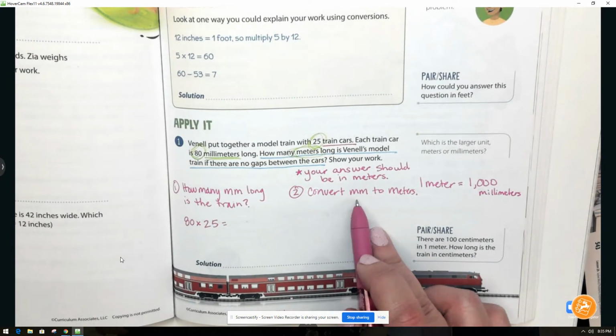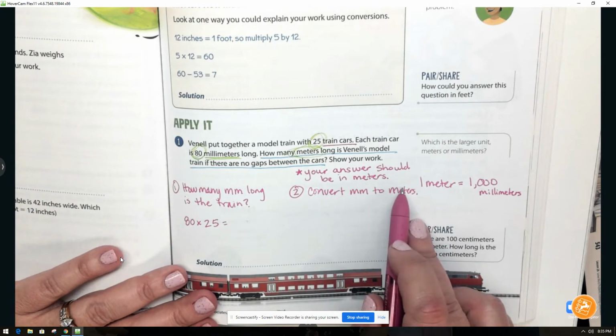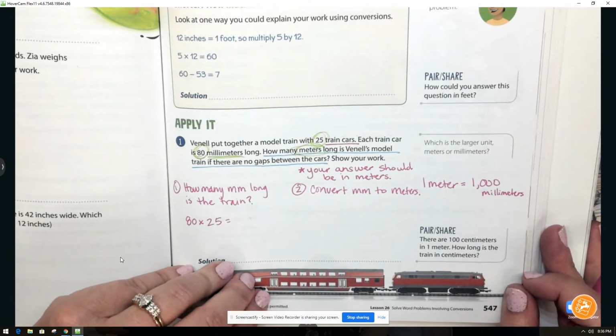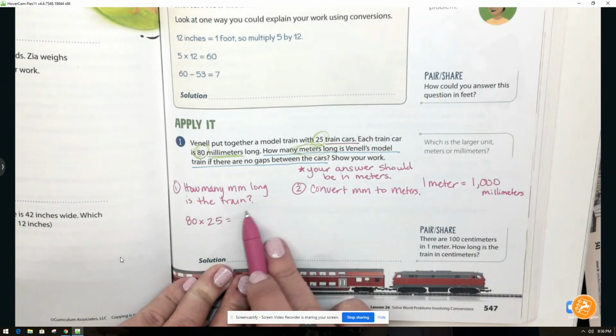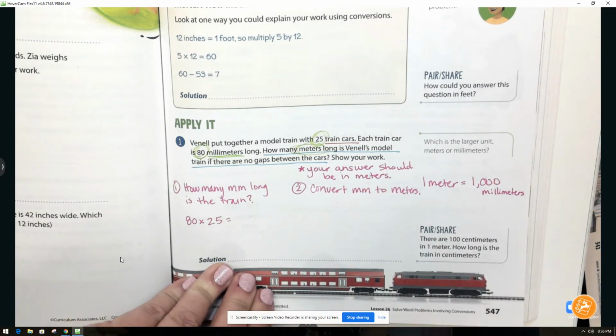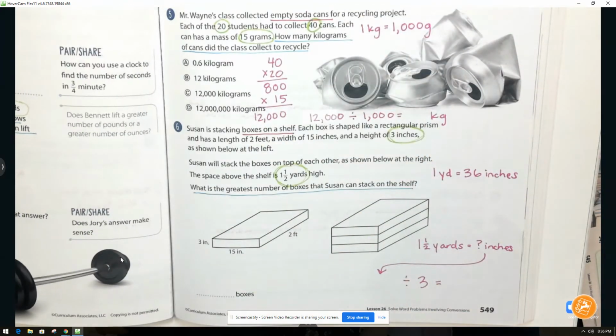Now, when you're converting from millimeters to meters, you're going from a smaller unit to a larger unit. What operation do you do? That's right, division. So make sure that you get your answer, and then you divide it by 1,000 to get your total answer. All right, let's go to the next page.